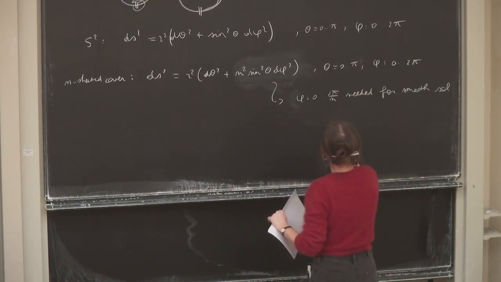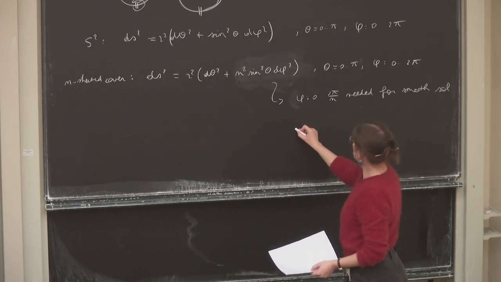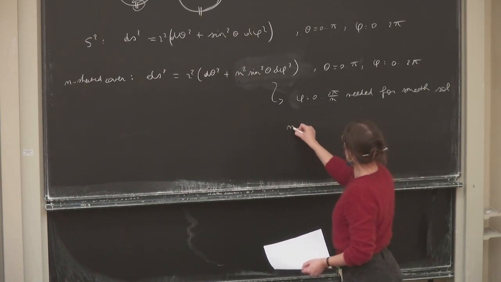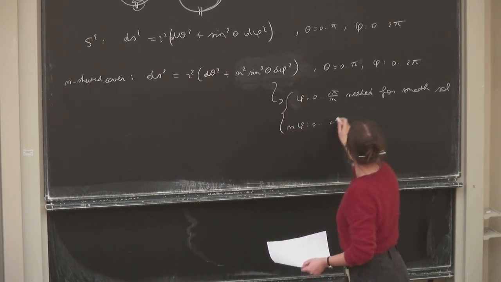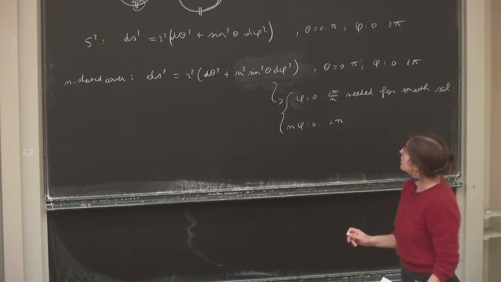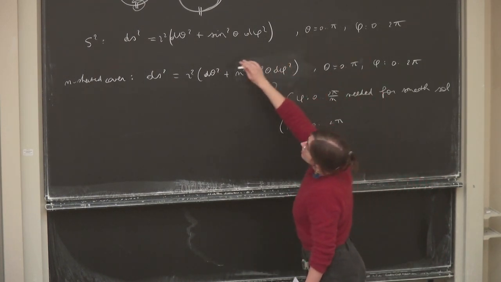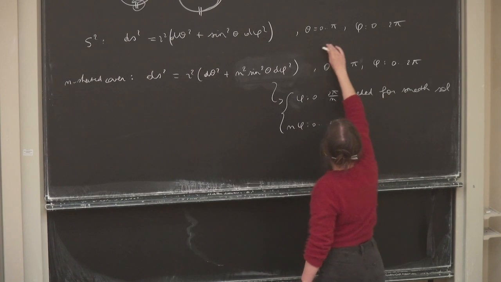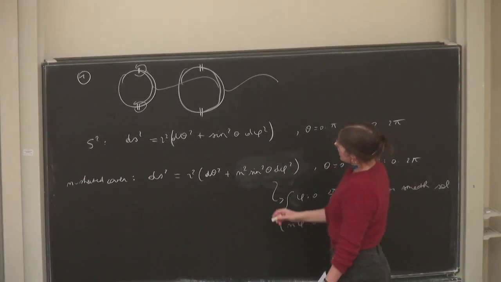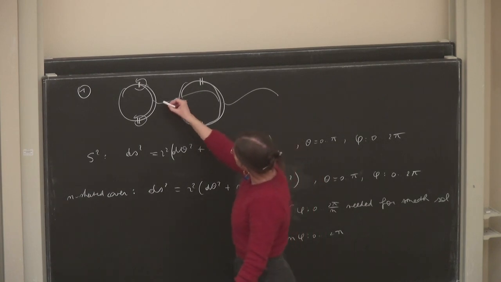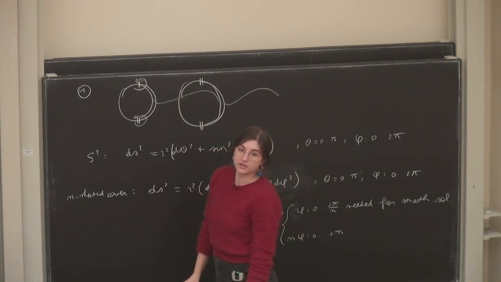In what sense is this not smooth though? If you choose n to do something else. Okay, wait, you need n phi from 0 to 2 pi, or phi from 0 to 2 pi over n, for a smooth solution. Well, in the same sense that here, okay, this is your sphere, and we know the sphere is smooth for your azimuthal angle to go 2 pi around this point.